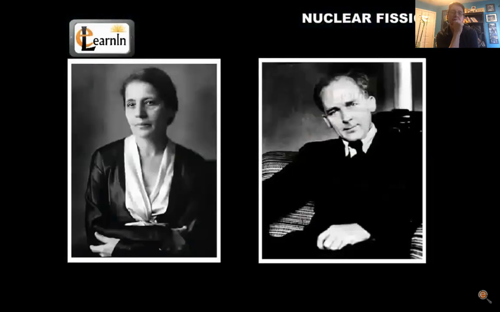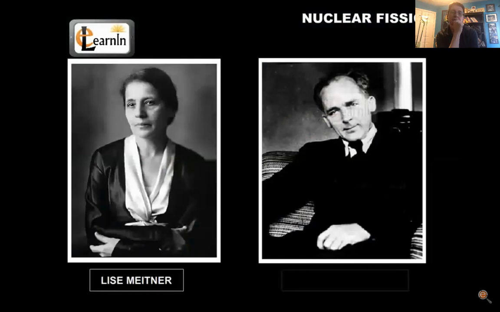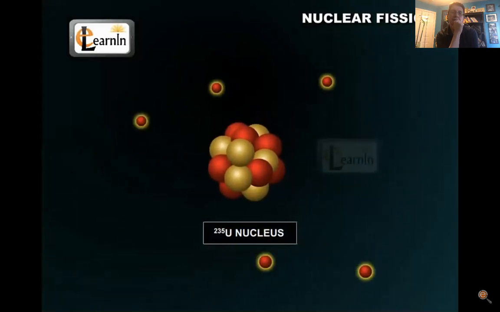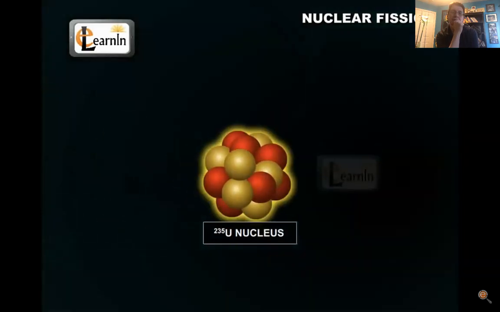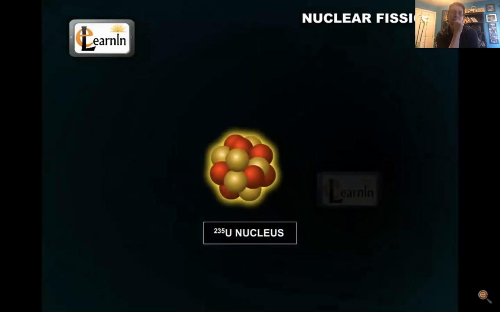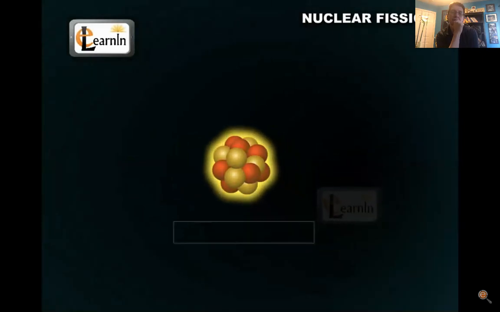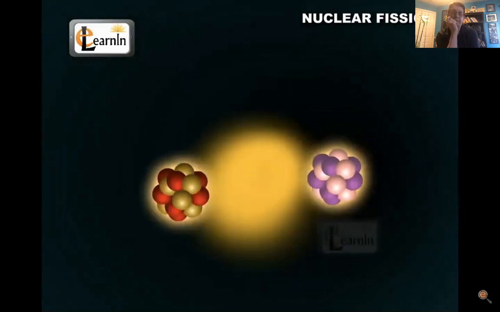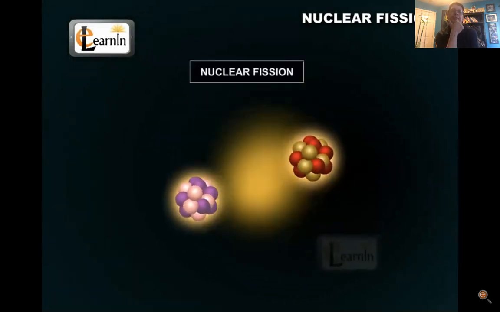He, along with his 2 colleagues, Lise Meitner and Fritz Strassmann, found that when the nucleus of uranium-235 is bombarded with neutrons, it will absorb one of the neutrons. This results in an unstable compound nucleus, and the nucleus breaks into 2 equal parts. This process is referred to as nuclear fission.